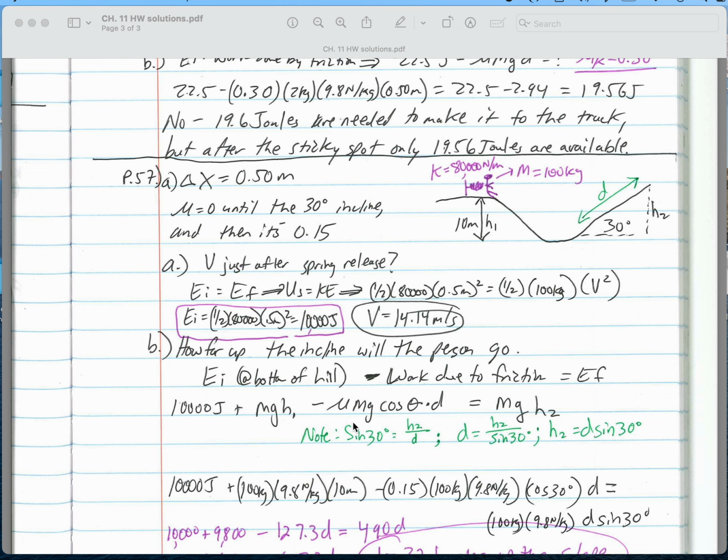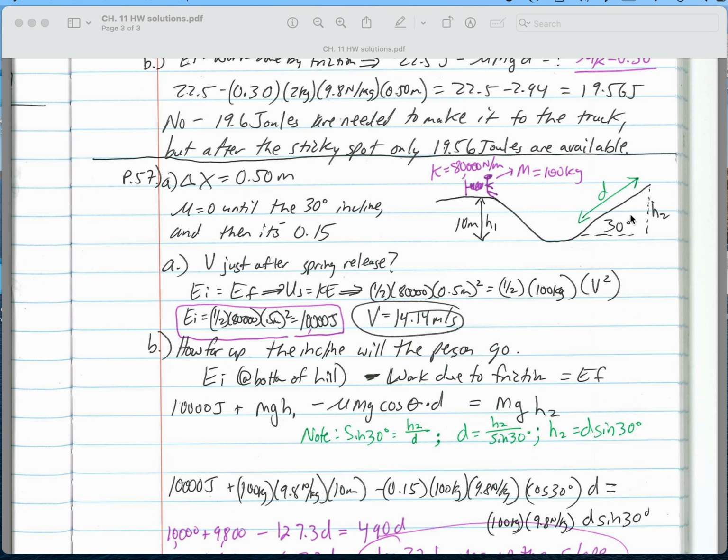Then we're going to be losing energy due to friction going up this slope. That's mu mg cos theta times distance, so that's basically minus the work done by friction. And then that would equal mg h2 here.